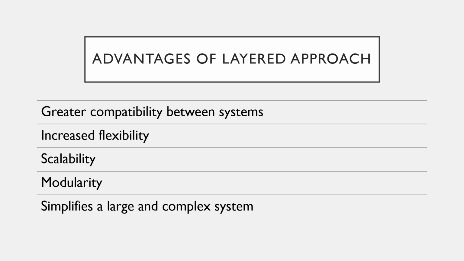If they all of a sudden decided to board you from shortest to tallest or tallest to shortest, it wouldn't change what the pilot does to get ready to fly. So each one of these processes is individual and modular in its own right. It also simplifies a large and complex system, because it breaks down all that's happening in a system as large as networking or the internet.